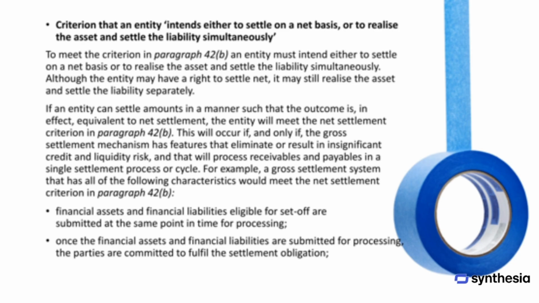This is possible only if the gross settlement system has features that eliminate or result in insignificant credit and liquidity risk and processes both receivables and payables in a single settlement cycle. For example, a gross settlement system would meet the net settlement criterion if the financial assets and financial liabilities eligible for set-off are submitted at the same point in time for processing, and once submitted, the parties are committed to fulfilling the settlement obligation.